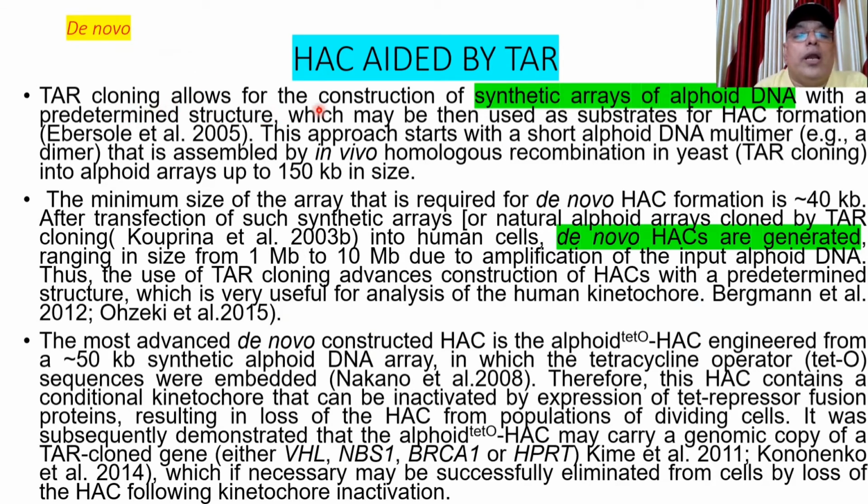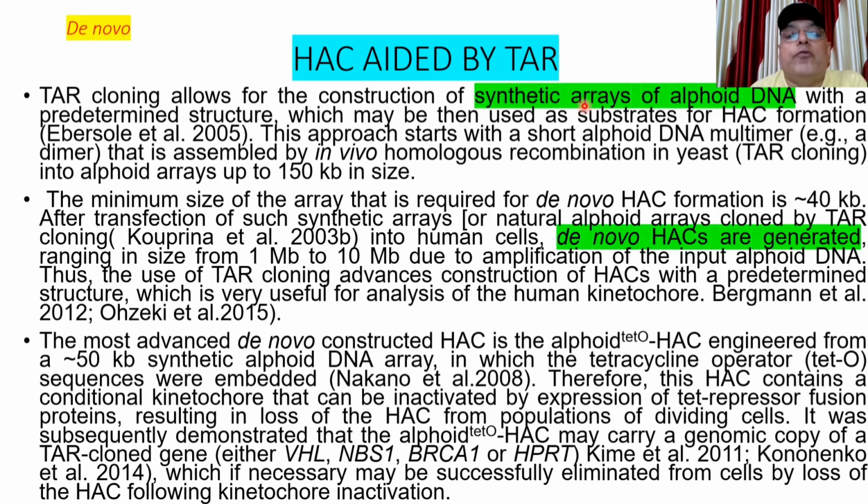So TAR cloning allows the construction of synthetic arrays of alphoid DNA. As we have seen earlier, the bottom-up approach is the approach to construct a human artificial chromosome de novo, afresh.